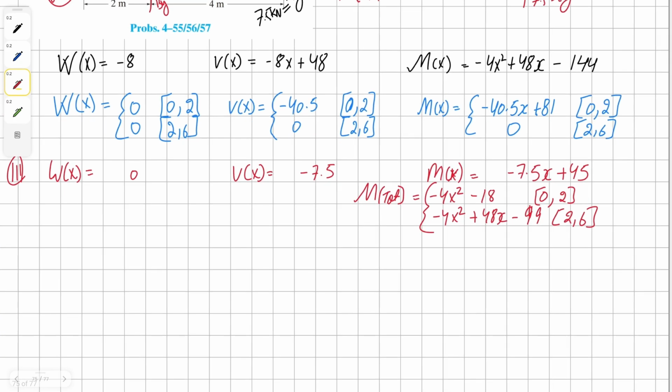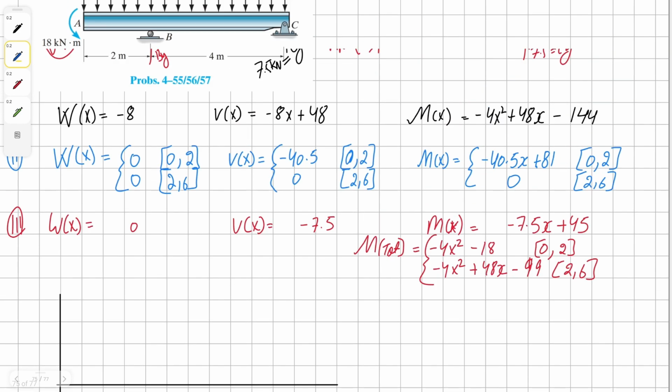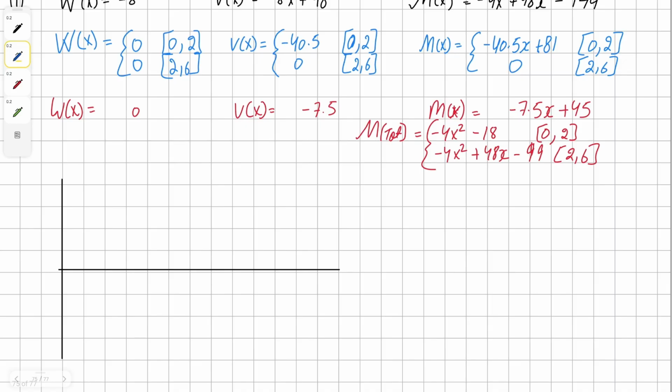Now that we finally have our moment equation, we can draw our moment diagram. But before that, we know for sure there is going to be a maximum moment once again. And we know in the shear diagram, we're going to have an intersection somewhere. That point is our maximum moment location.